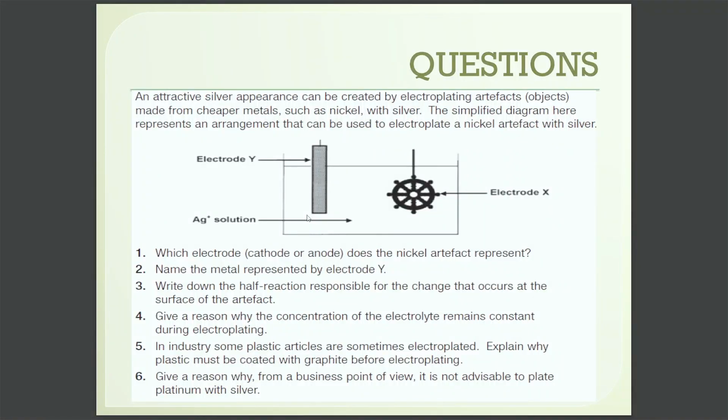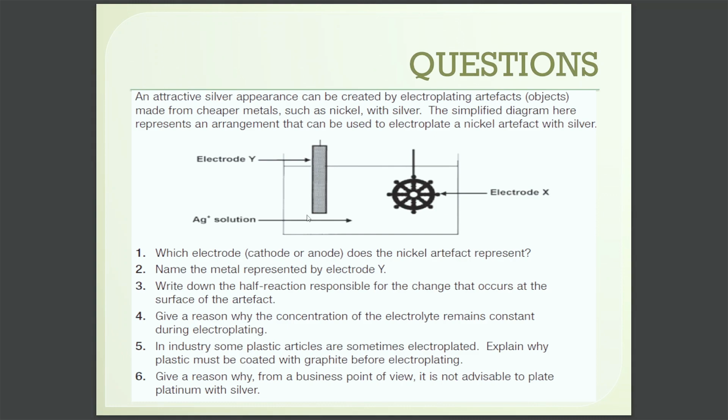So the examiner is asking which electrode the artifact will be going to. We are looking at the cathode. That is the answer that we were expecting. Which electrode does the nickel artifact represent? It represents the cathode. Very, very important.